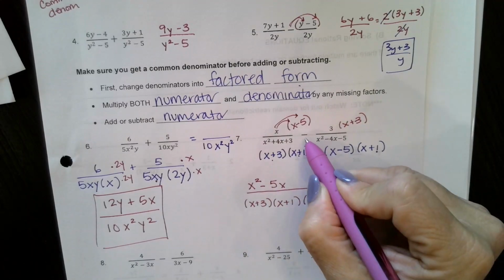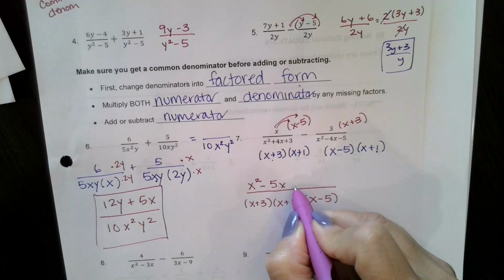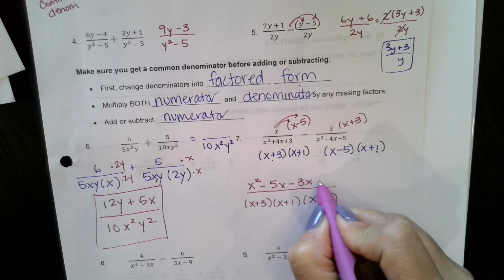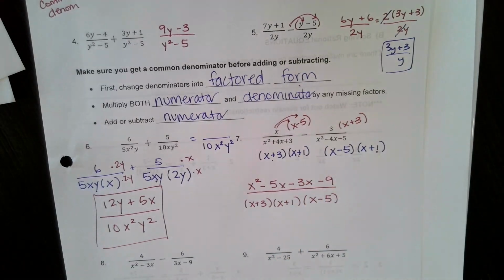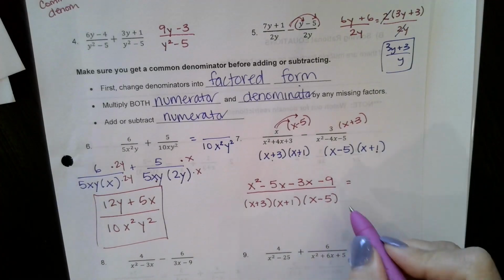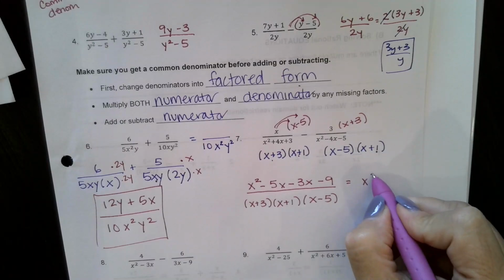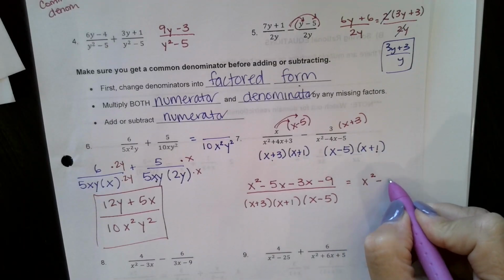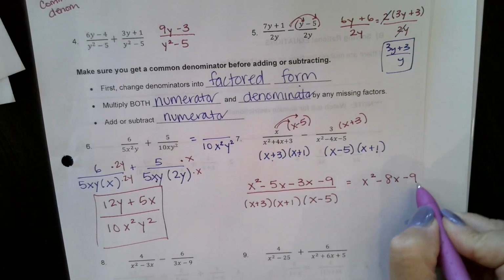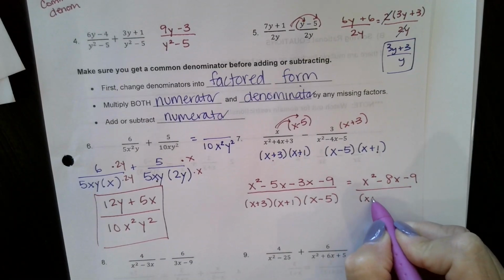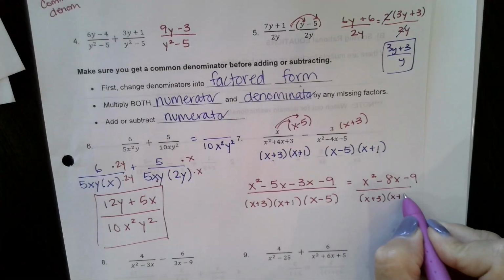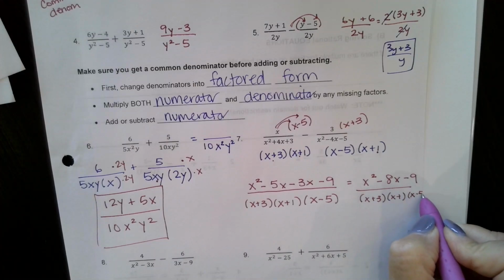Here I'm distributing a negative 3, so minus 3x minus 9. And as I simplify this and combine like terms, I'll have x squared minus 8x minus 9 over x plus 3, x plus 1, and x minus 5.